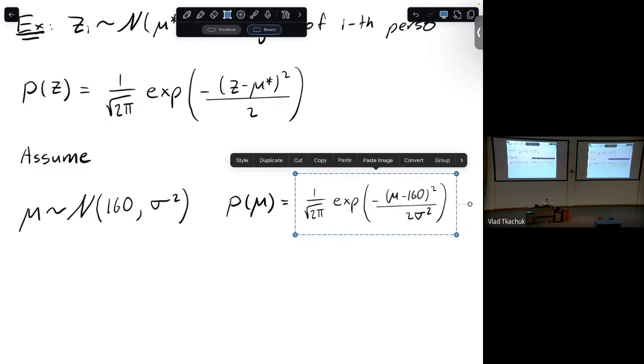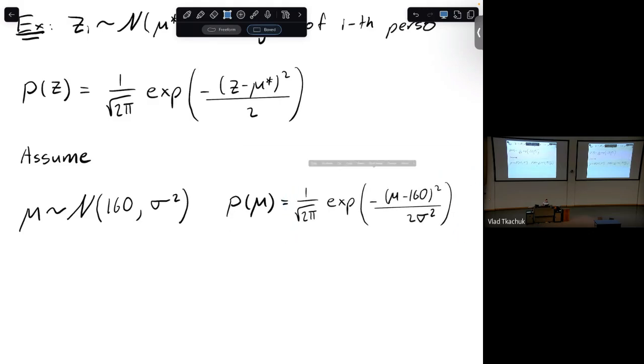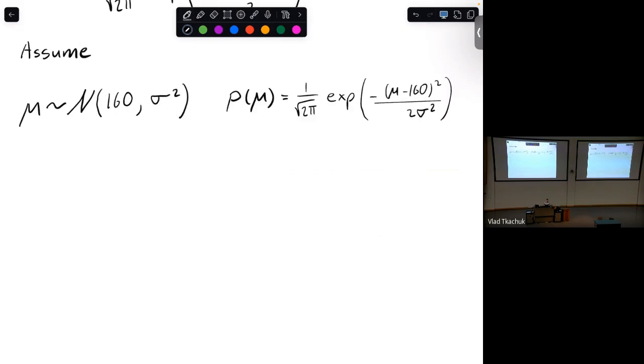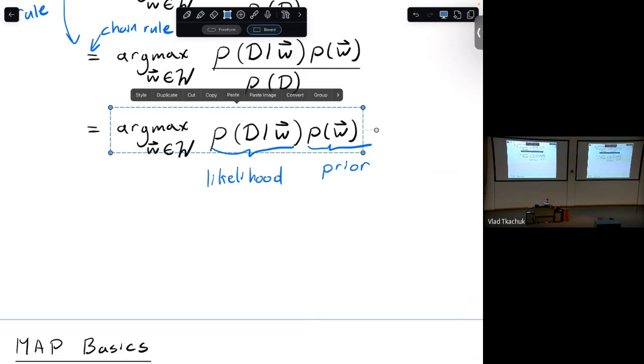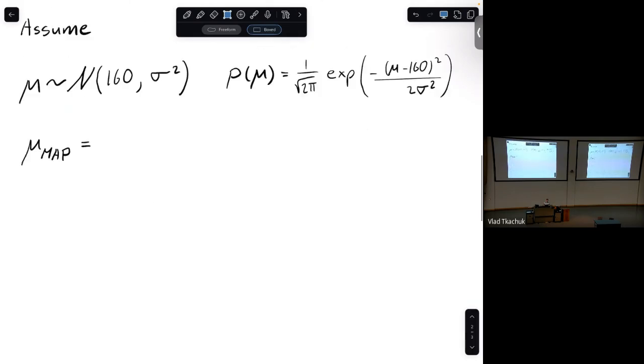So that's going to be our prior knowledge, or prior on the parameter. And what we're now going to want to solve for is mu MAP, which is the MAP estimate of the parameter mu. And that's just going to equal this expression, which we have seen above, with w replaced with mu.